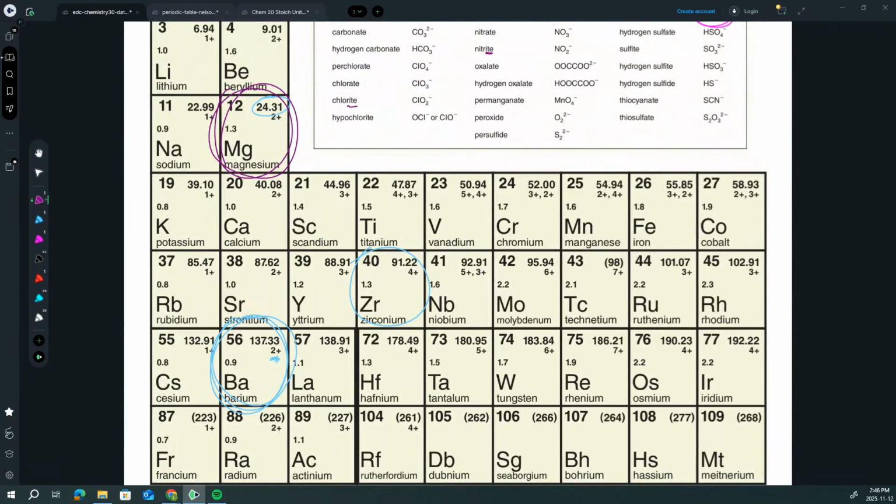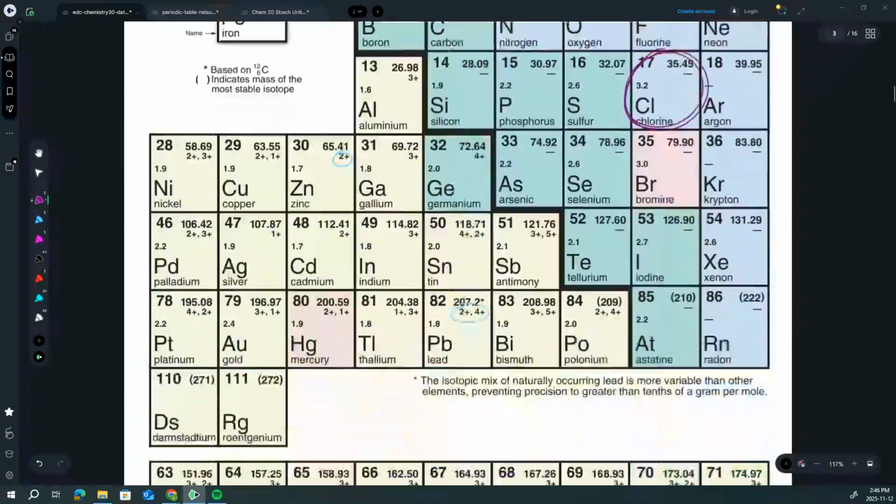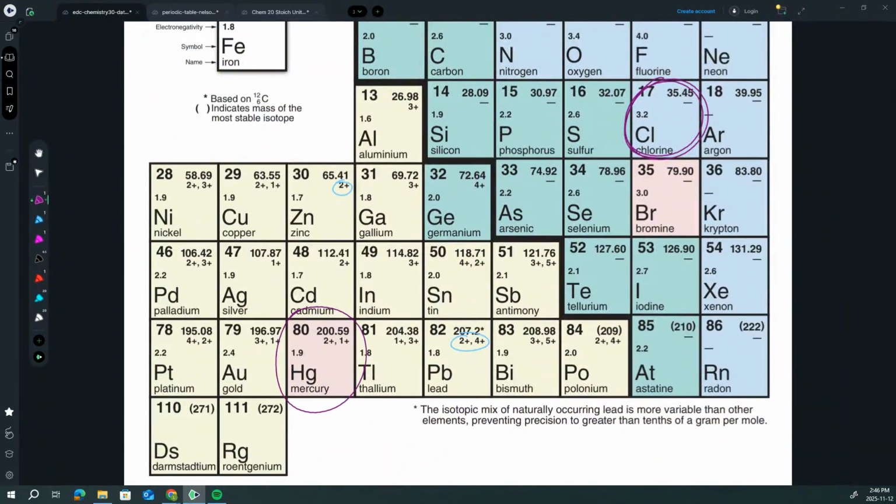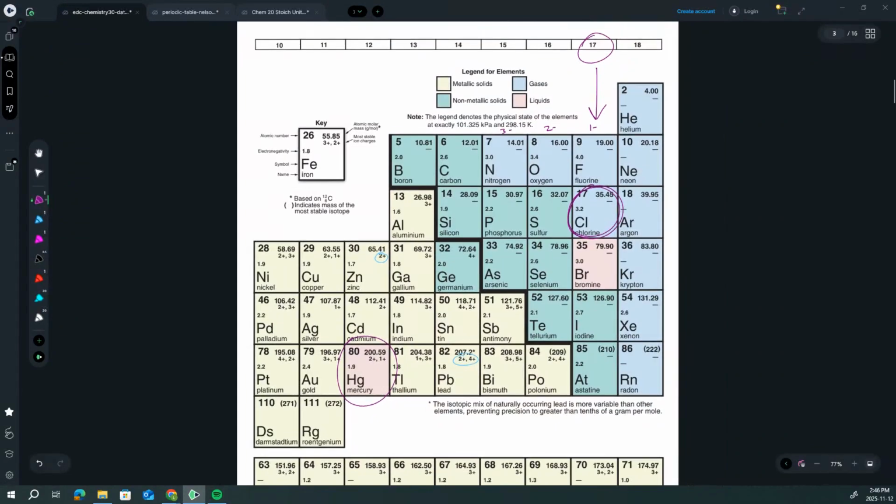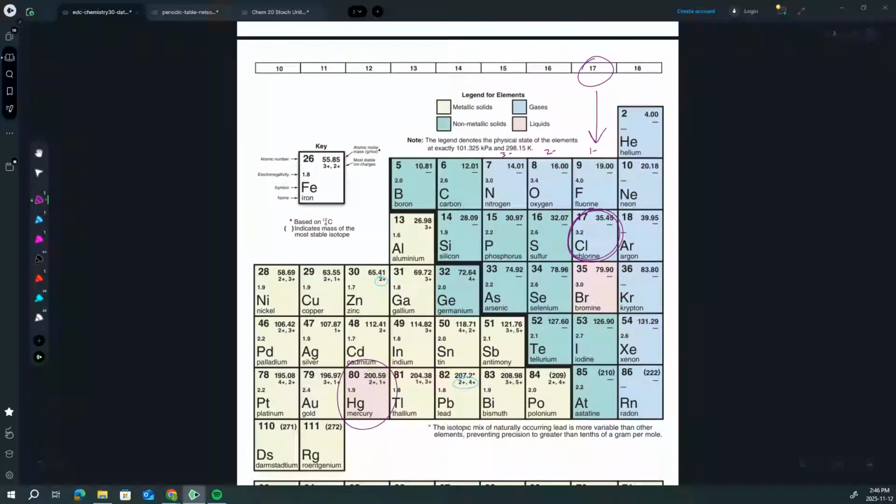If the question does not specify what temperature the reaction is occurring at, you can assume that it happens at room temperature. The reason why I'm not saying that you can assume that all metals are going to be solid at room temperature is because if we look at mercury, it's colored red or pink, whatever you want to call it, which means it is a liquid.